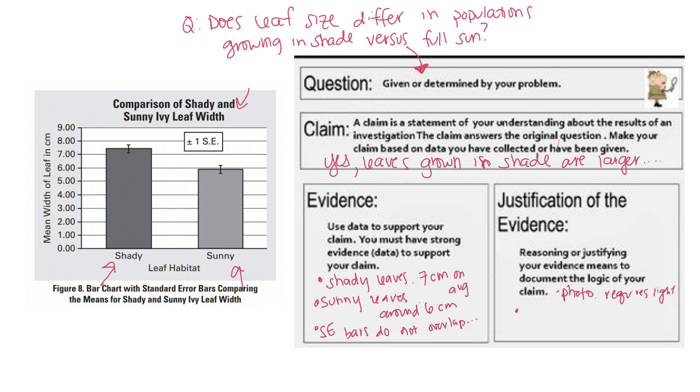We know that the larger the leaf is, the more area to absorb light. We know that the shady leaves aren't getting as much light.